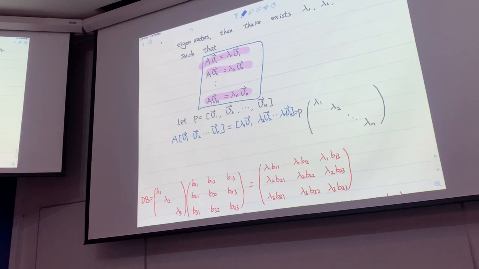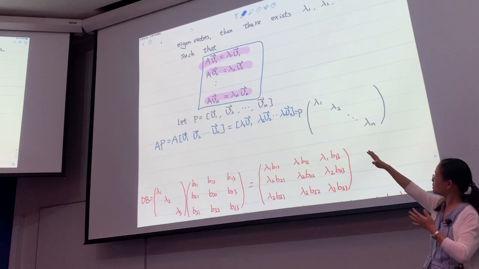This is exactly P times the scaling of lambda 1, V1, right? And the left-hand side is exactly A times P. So it's more clear now, right?